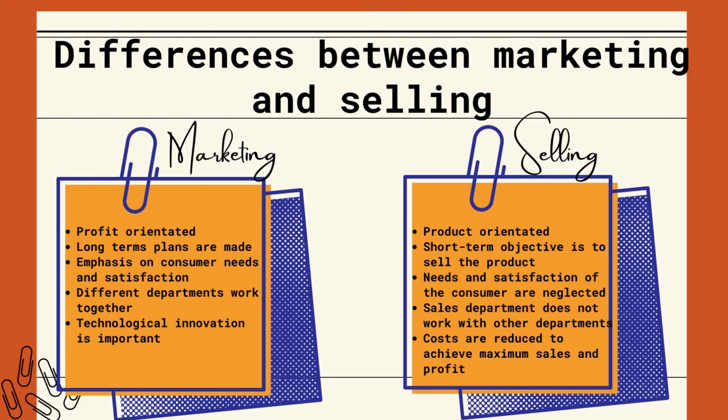With marketing, there is emphasis on consumer needs and satisfaction. But with selling, the needs and satisfaction of the customers are often neglected. If they have to satisfy these needs, marketing has to be involved in the selling of this product. Also, with marketing, there will be different departments working together to ensure that this produce or the producers themselves are marketed.